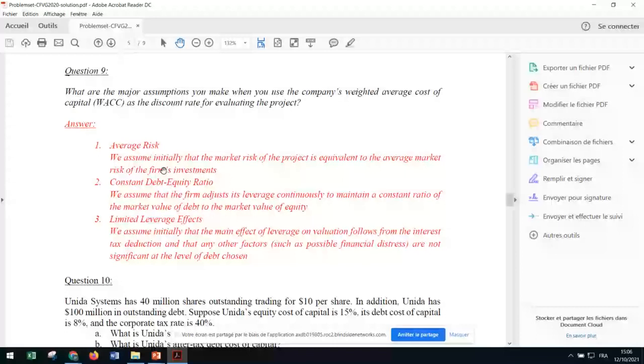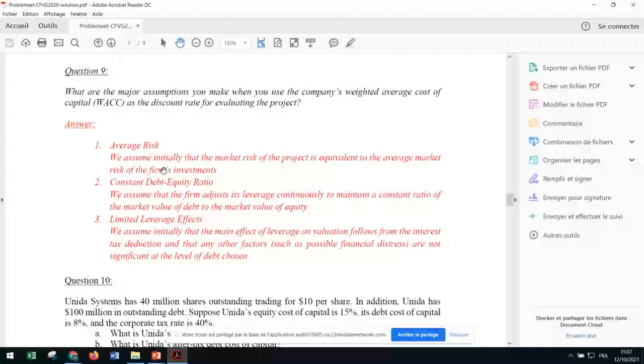Thirdly, you also assume that when you borrow more for this project, there is no effect on leverage, meaning that if you increase your debt, your cost of debt should not change. So these are the major assumptions you make when you use the company's weighted average cost of capital, or the WACC, as the discount rate for evaluating the project.